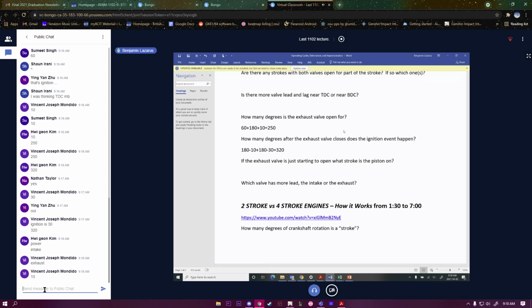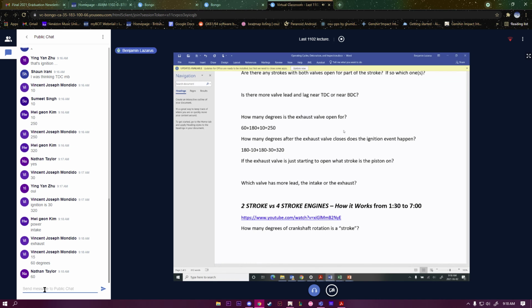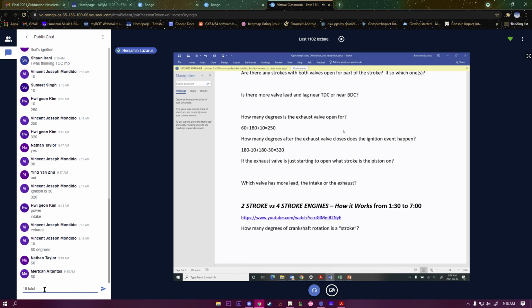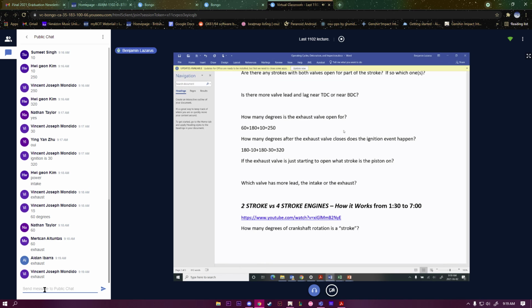Okay. How much lead does the exhaust valve have? 60. So which is bigger, 60 or 15? So which has more lead, the exhaust or the intake? The exhaust does, correct.